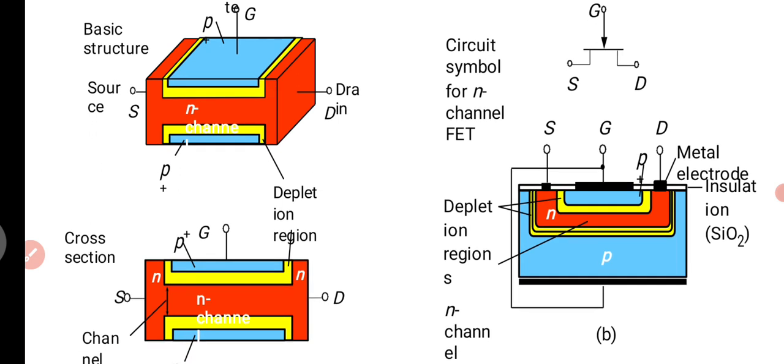Upon it we can provide the insulation layer, that will be the silicon dioxide layer. Above that we can provide the ohmic contacts. From these ohmic contacts we can get the three terminals. Those will be the gate, drain and source. So N channel and P channel both are similar, but the only difference here is the channel type.